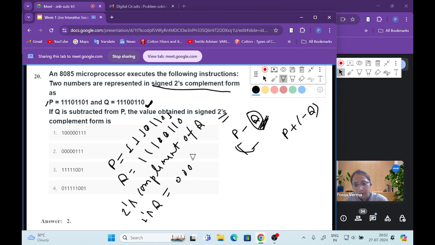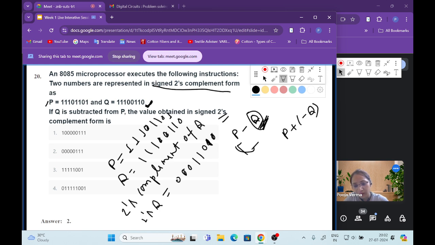It is 0 0 0 1 1 0 0 1 1 0 1 0, with three 0s and then 1 1 0 1 0.